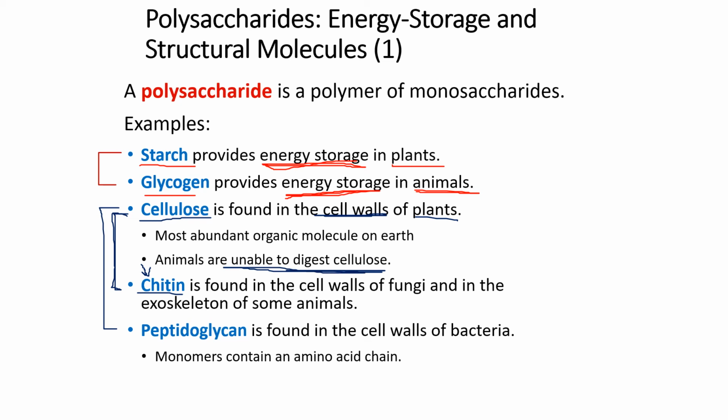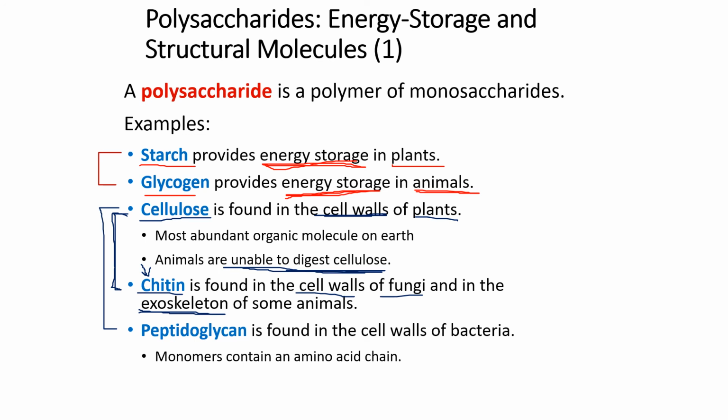Chitin is in the cell walls of fungi and the exoskeleton of insects. So you've probably felt or heard, based on like clicking noises, how hard chitin is. It can be pretty tough. But chitin is structural. It's also a polysaccharide.